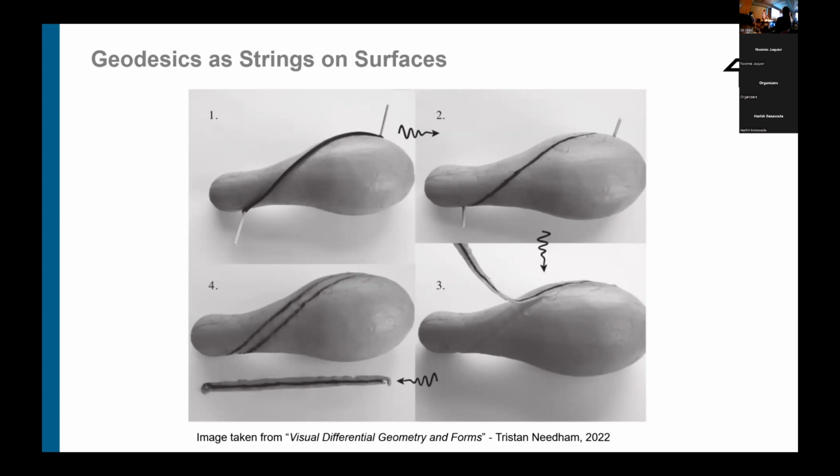But this means that if you imagine there's some tension on this string, so that you pull a bit, then all the forces anywhere on the string will be along the string and there will be no normal component, right? And the idea now is to use this insight that strings naturally find geodesics to find geodesics.